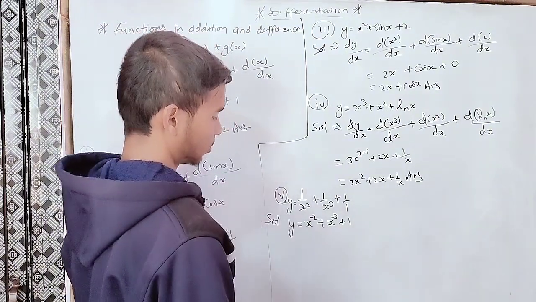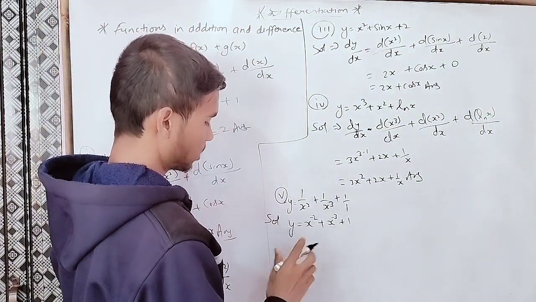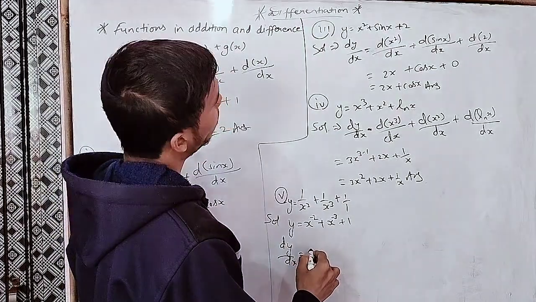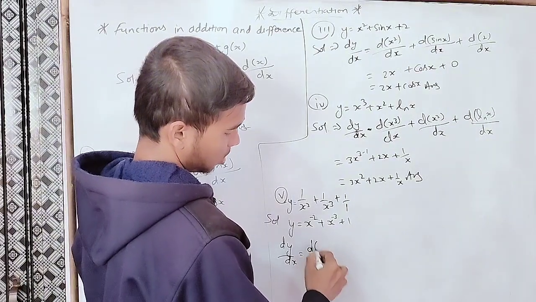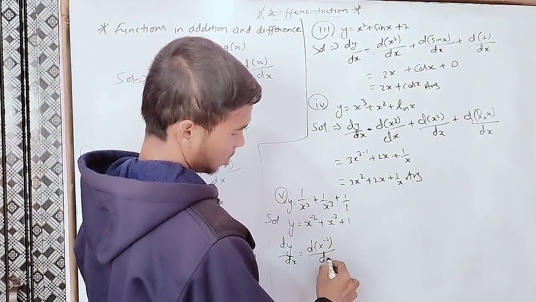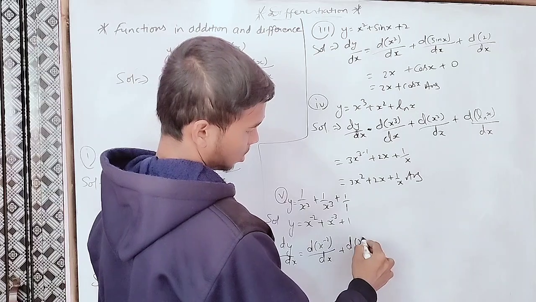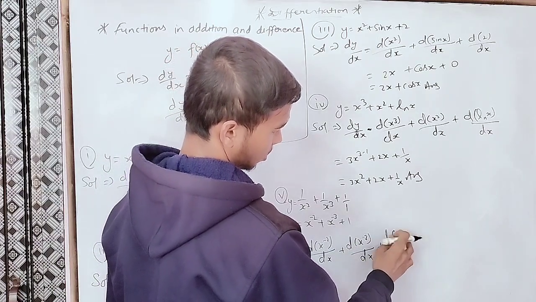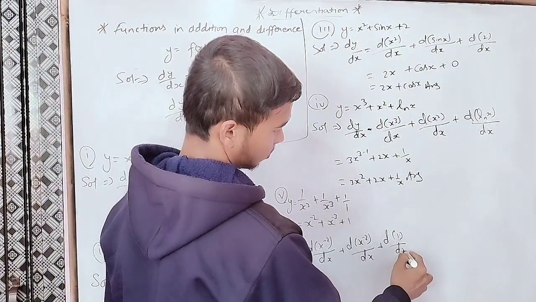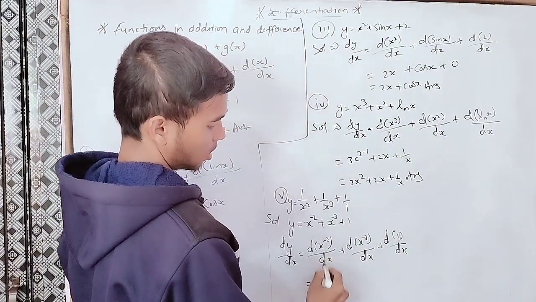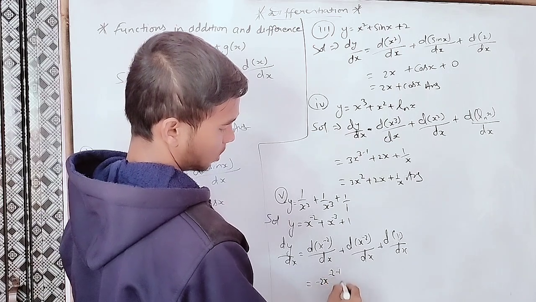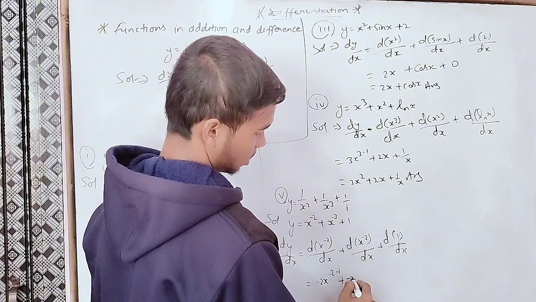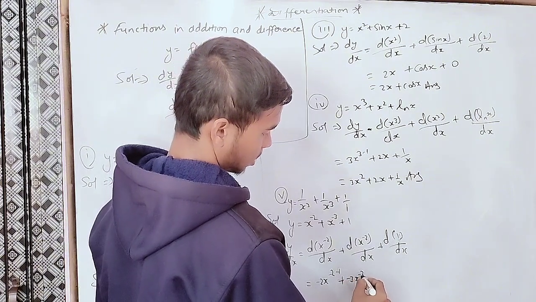Here, nothing. Okay, now it is easy. Let's solve it. dy by dx: we have 1 minus 2 x to the power minus 2 minus 1, then minus 3 x to the power minus 3 minus 1.